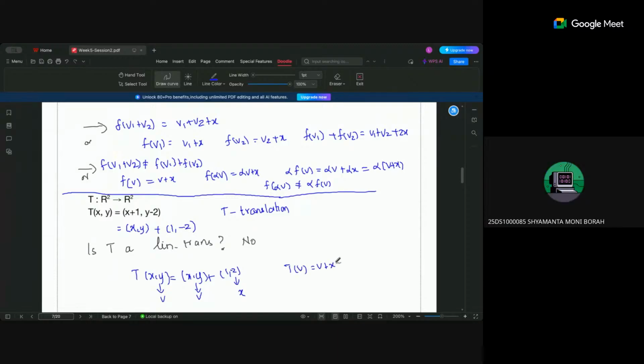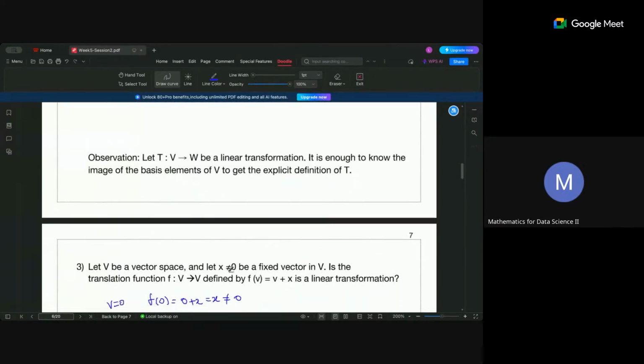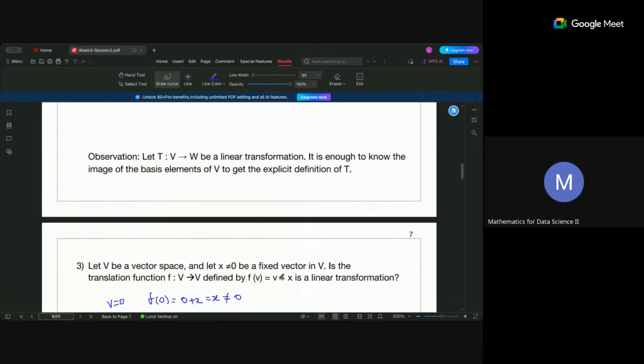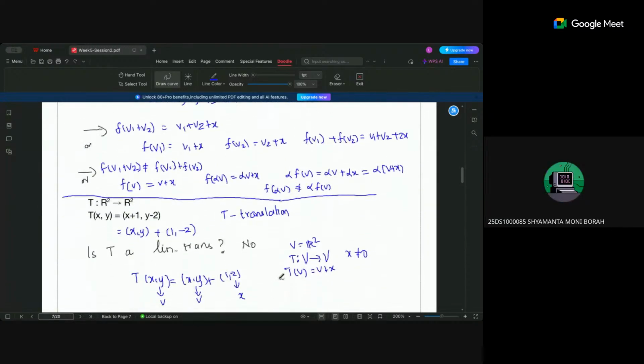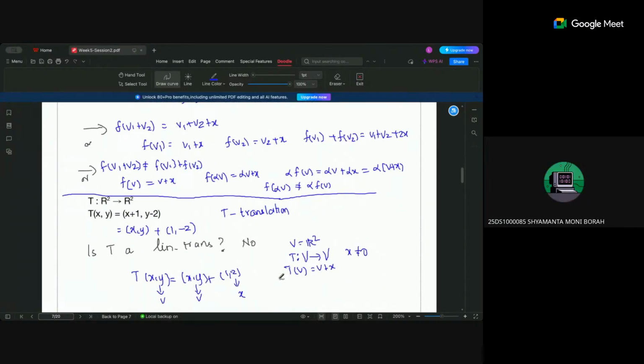It is following the earlier one. Fine, got it. So your capital V is R2, and T is from V to V. x is non-zero, T of v equals v plus x, and everything is exactly the same. Got it? Okay, fine.